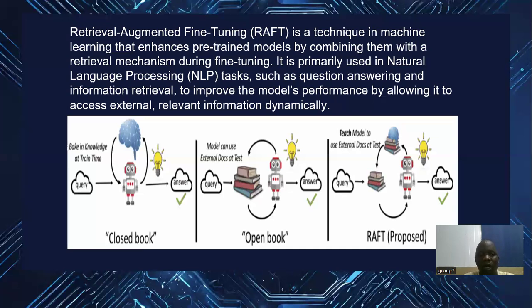A real-time example I can give you is the retrieval augmented generation method, like ChatGPT with web search, where we ask a lot of questions and it instantly checks different sources and gives us answers which are up to date, not like in the first approach, closed book, where it only depends on memorized information.